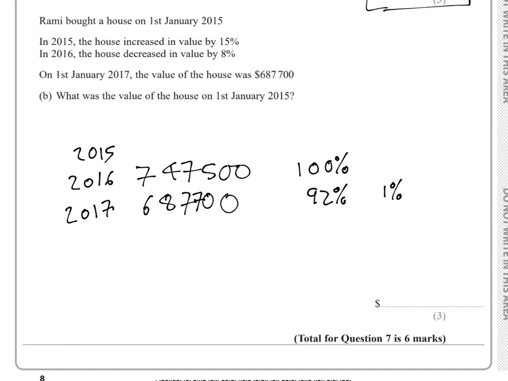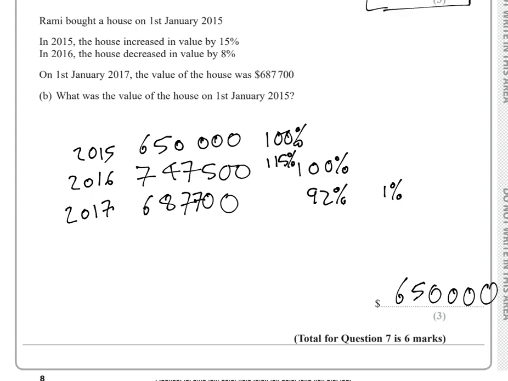And this time, this is 2015, we're now considering 100%. This one's going to be 115%. So I'm going to divide by 115 times by 100. We get 650,000. There we go.